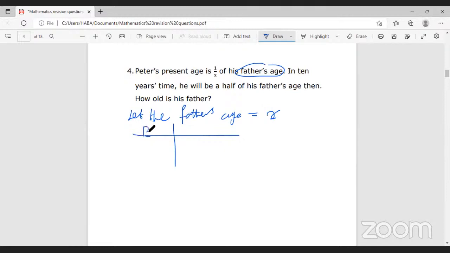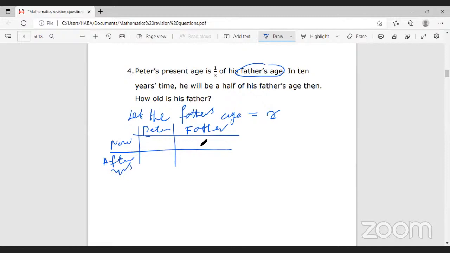So this would be Peter. And then this would be the father. Then we can add there now, or what we are calling the present, and after 10 years.